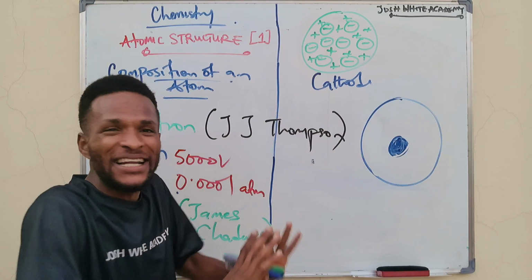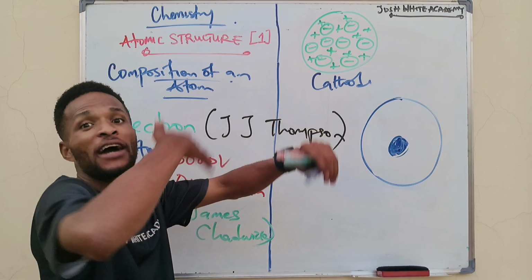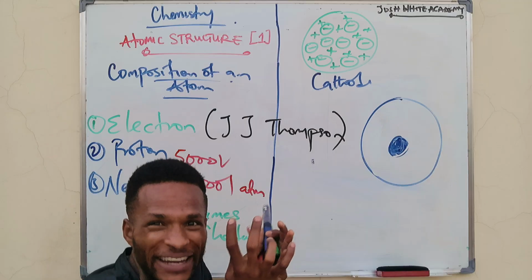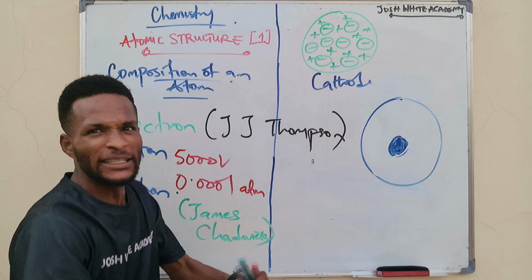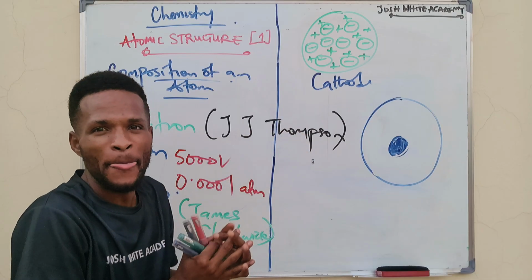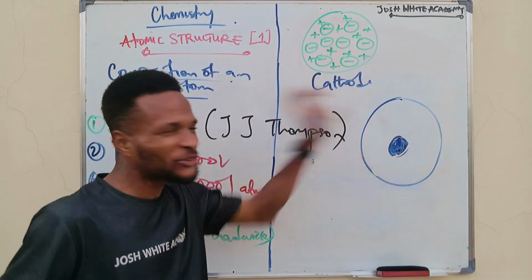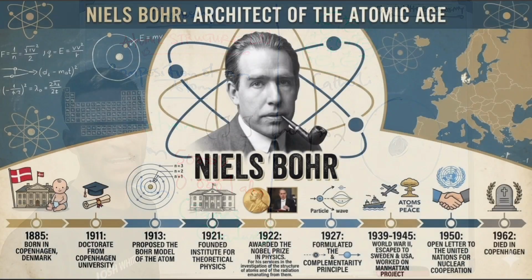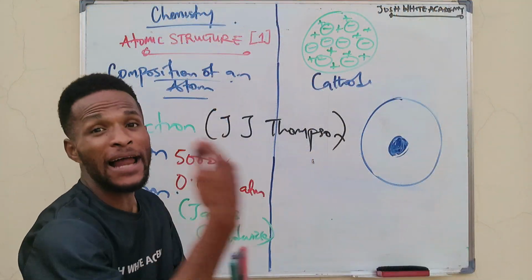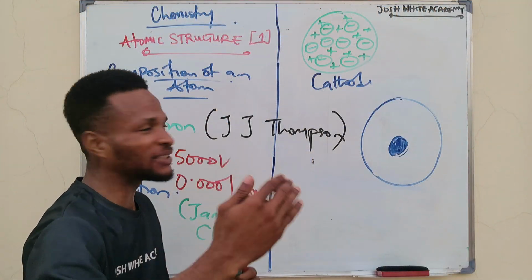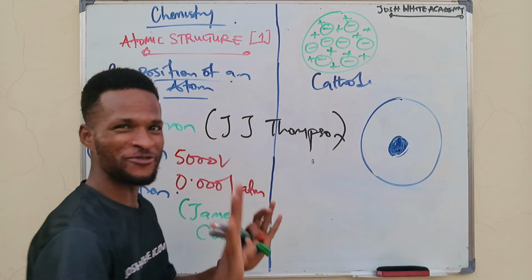So he postulated the planetary model of an atom, with the sun being the nucleus. That was the most accurate at that time, but there were modifications to the postulation of Rutherford, like Niels Bohr, who stated that when electrons revolve around the nucleus, they do so at a particular energy level.